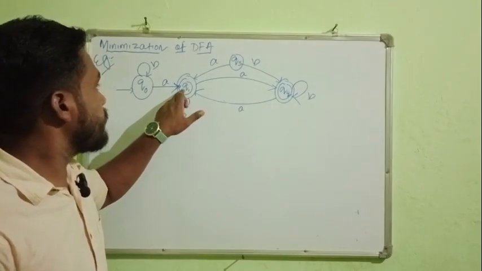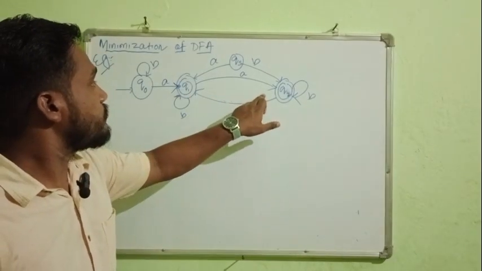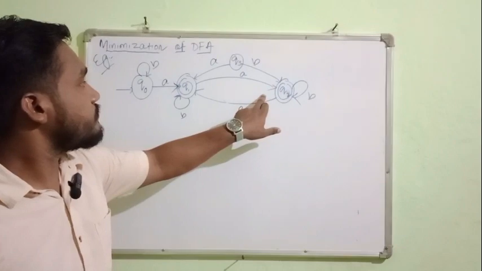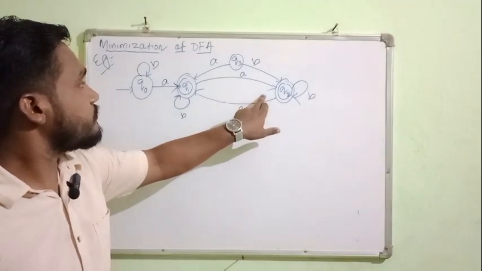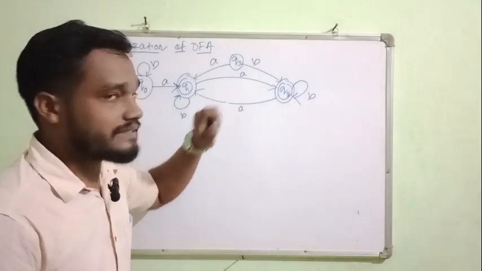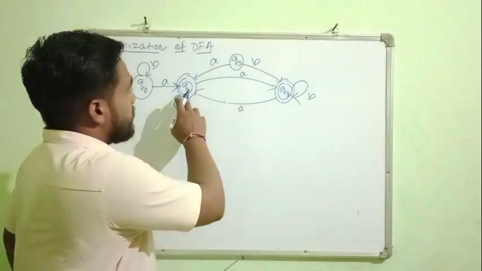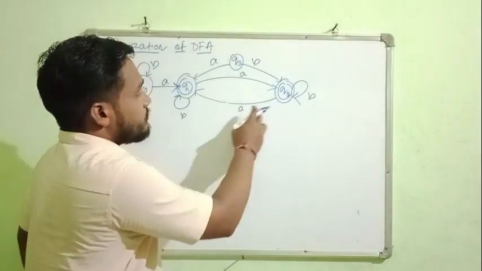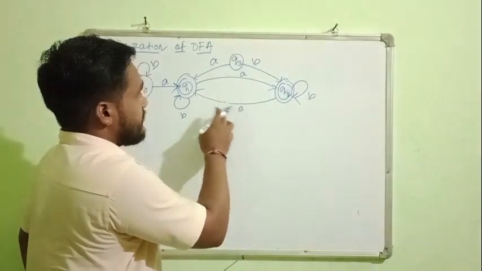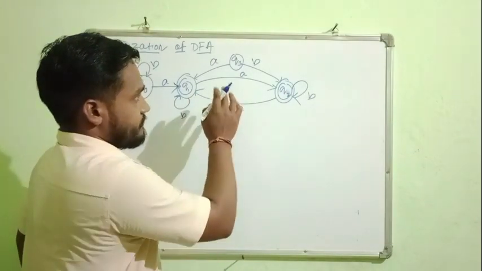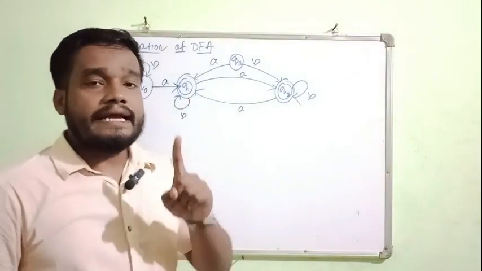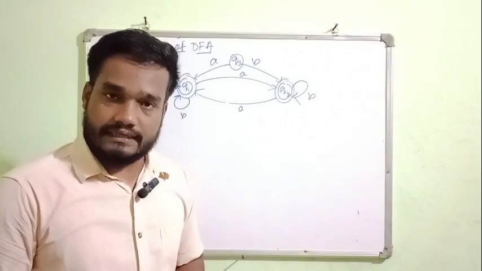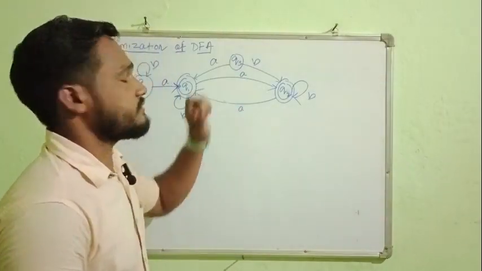Then from Q1 to Q2 there is connectivity, that is A. From Q2 to Q1 there is also connectivity, A. Here one inaccessible state is Q3.